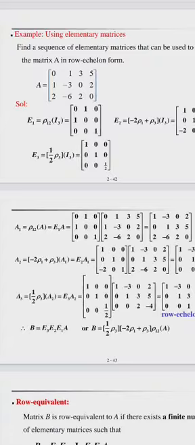Then A2 equal to minus 2 row 1 plus row 3 into A1. That is equal to minus 2 row 1 plus row 3, whose value is E2, into A1. Then write the E2 and A1 values. The E2 value is 1, 0, 0, 0, 1, 0, minus 2, 0, 1.